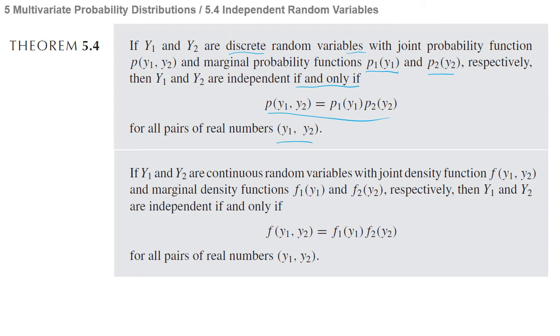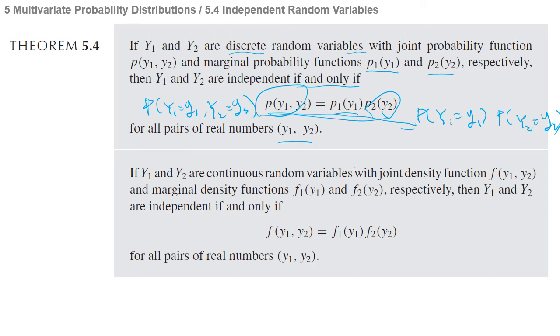And if you write this as probability of Y1 equals small y1, and this as probability of Y2 equals small y2, and this part as probability of Y1 equals small y1, comma, Y2 equals small y2, then probably you will understand it more intuitively.